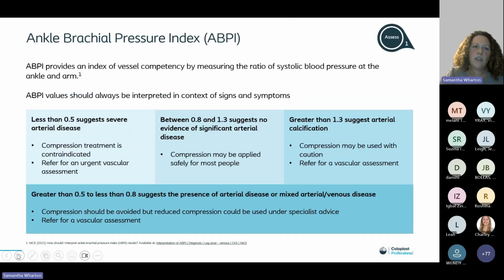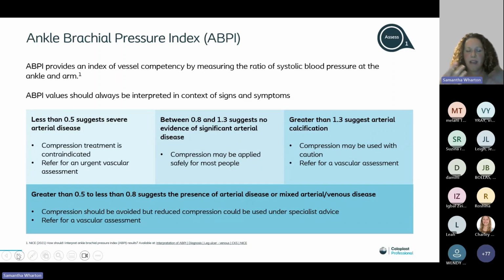So again, looking at the ABPI, it provides an index of vessel competency by measuring the ratio of systolic blood pressure at the ankle and arm. So less than 0.5 suggests severe arterial disease. I always think of it as 1 being all the blood going down to the leg, 0.5 is half the blood going down to the leg, 0.8 is 80% of the blood going down to the leg.